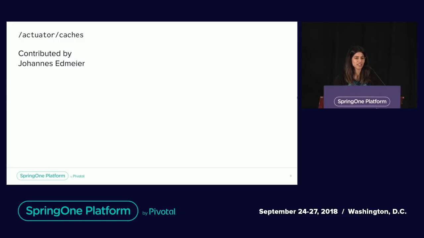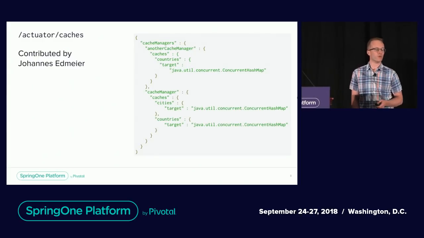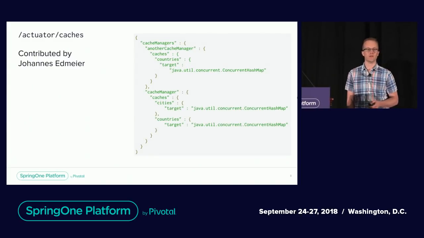So I think we're seeing a pattern here. A lot of the new actuators are contributions from the community, and maybe that has something to do with the fact that the actuator infrastructure was rewritten so that it's easier to add custom actuators now than it was in the 1.x line.